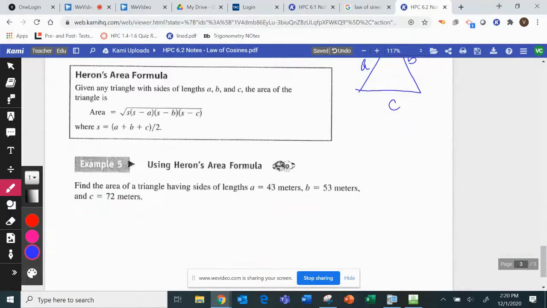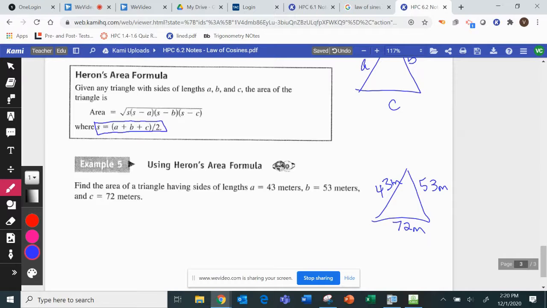So here's an example where we've got 43, 53, and 72. Not drawn to scale. It says you have to find this S value.